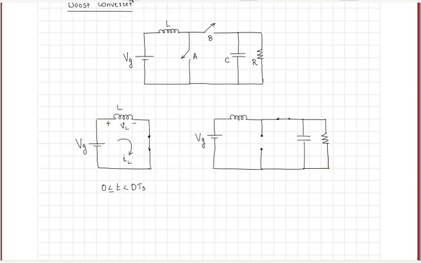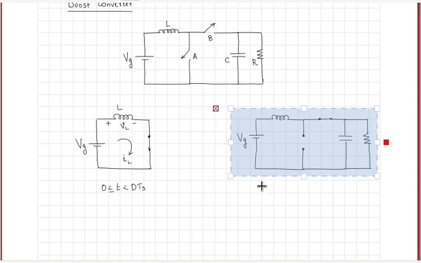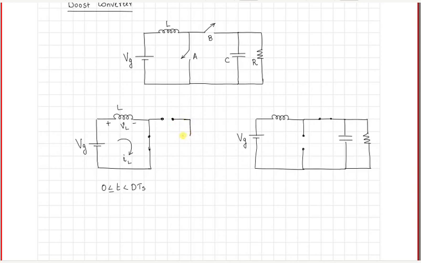We have not drawn what happens at the output when the switch A was closed. At the output, B is open, and then you have the capacitor supplying the load resistor.